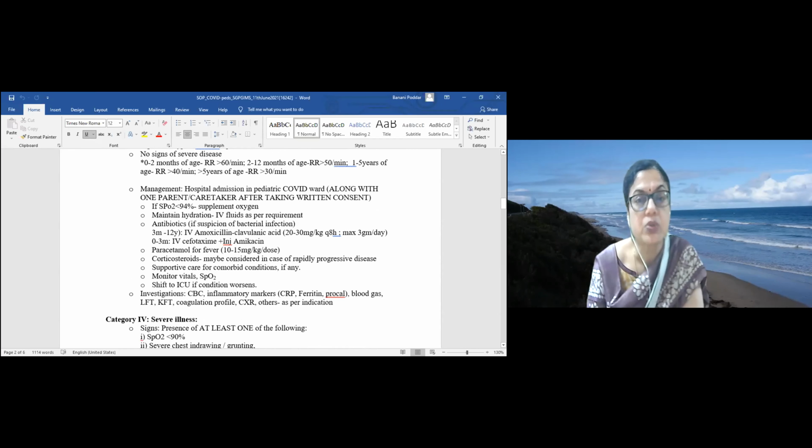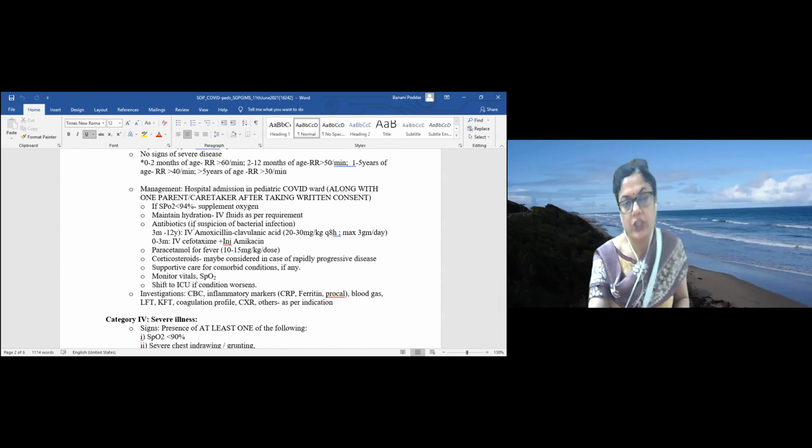Patient can be admitted to the hospital. If the parents are willing to keep the child at home and give oxygen and monitor, then that can be done, especially if it's an older child, like 8-10 years, it's fine, because the pulse oximeter probes, the small portable ones, can be used in this age children.